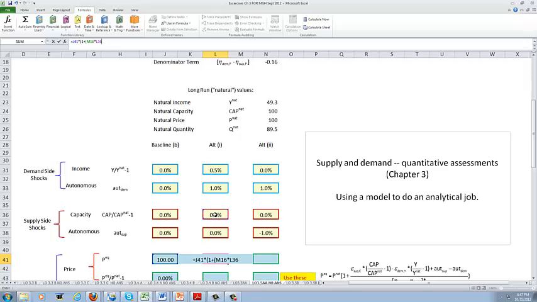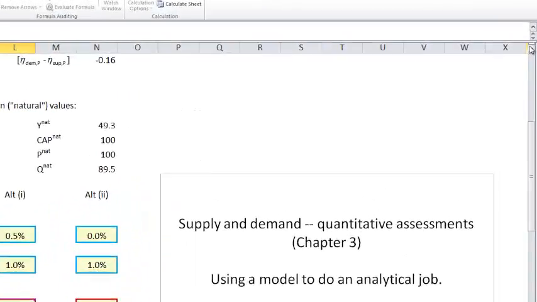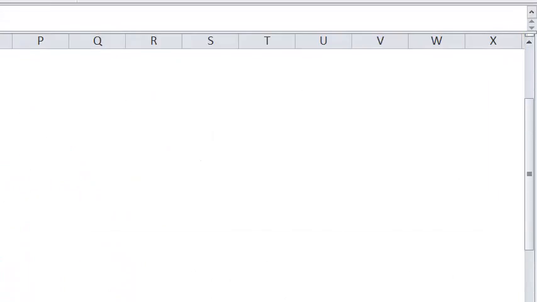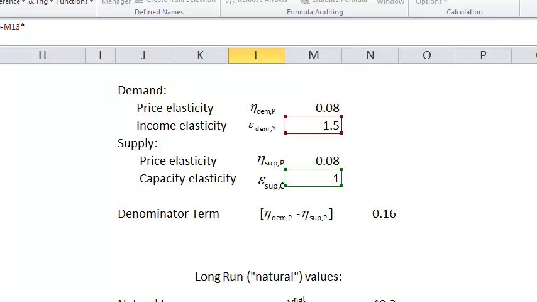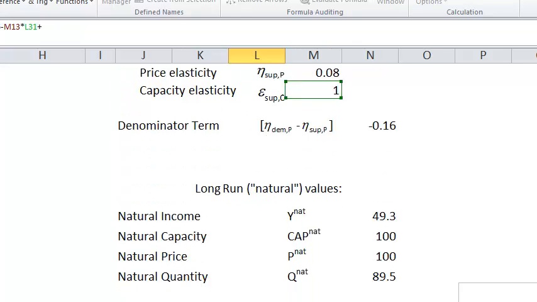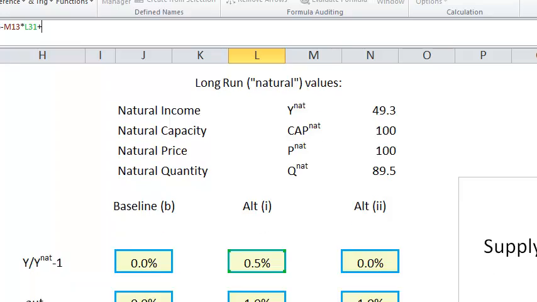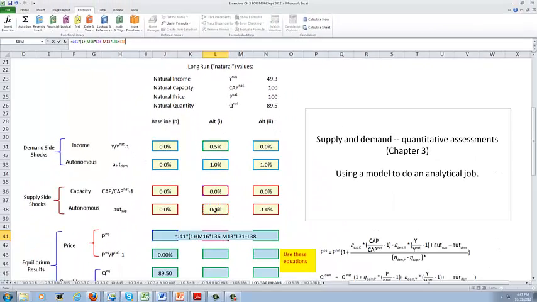Then, if we look at the equation, we want to subtract off the income elasticity for demand. That's this 1.5, and we're going to multiply that times our 0.5, our increase in world income. Then our third item is the autonomous shock to supply, and we're going to add that in.